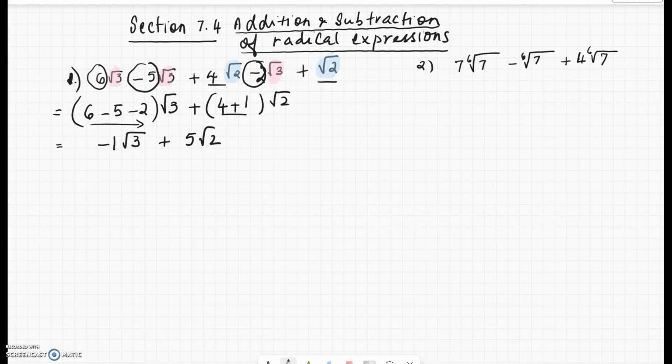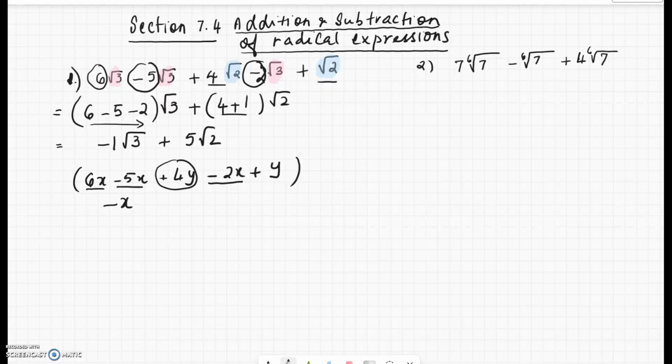So this is just like an algebra problem. If you remember, 6x minus 5x plus 4y minus 2x plus y. How would you do this? You would combine like terms. 6x minus 5x is x. x minus 2x is negative 1x.